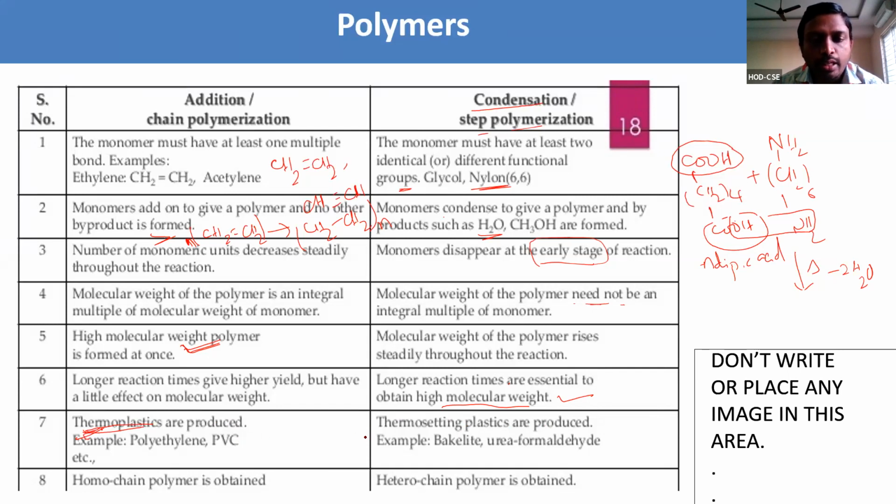Examples of addition or chain polymerization are polyethylene, PVC (polyvinyl chloride), and polystyrene. Thermosetting plastics or resins are produced by condensation polymerization. Examples: bakelite, urea formaldehyde, and phenol formaldehyde.